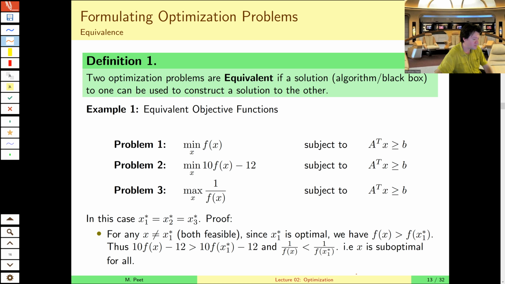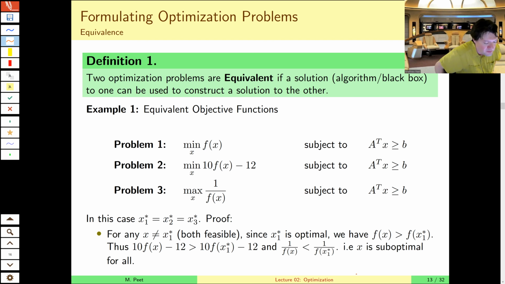So how do we know if two problems are equivalent? That motivates the question of equivalence, because some formulations are considerably simpler than others. So how do we know if two optimization problems are equivalent? Basically, what do we mean by equivalent?